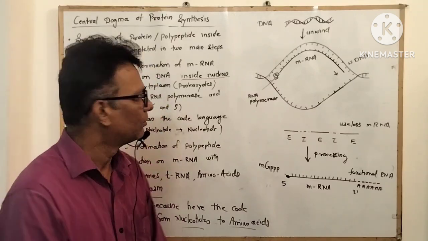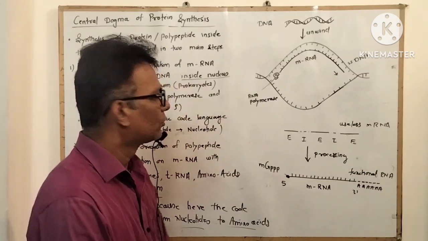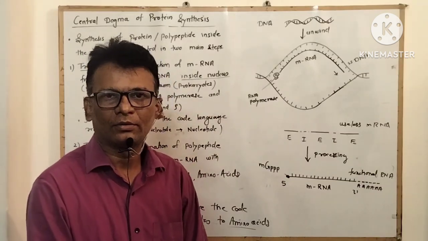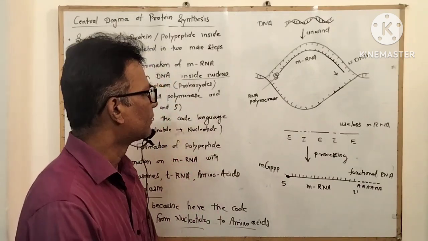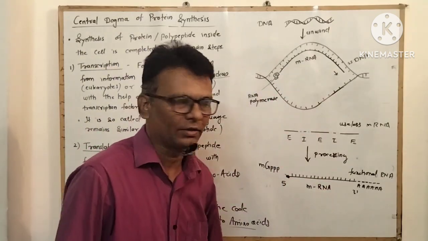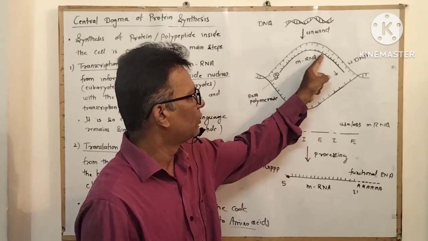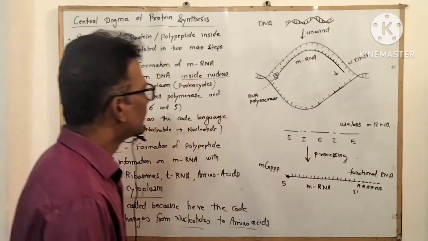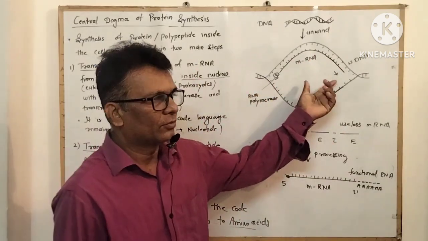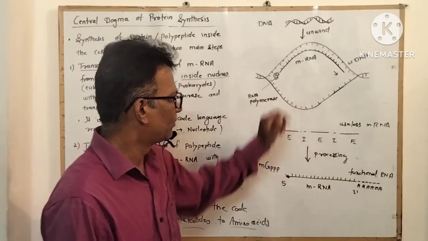RNA polymerase binds to the DNA strand through the RNA primer. It slides along and produces a new strand called mRNA, adding new RNA nucleotides as it moves. When the transcription process is over, the RNA comes out from this loop.